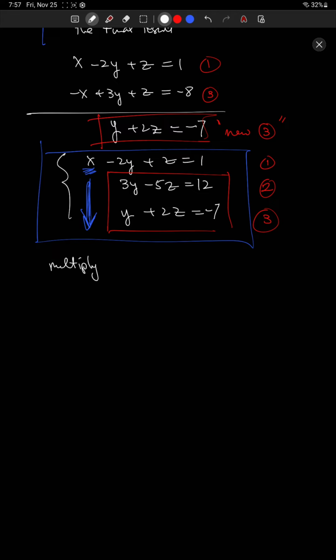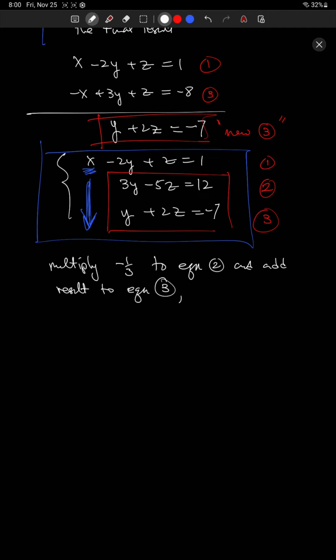So this is the second equation. So we multiply minus 1/3 to equation 2 and add the result to equation 3. And then new equation 3 will be the result.